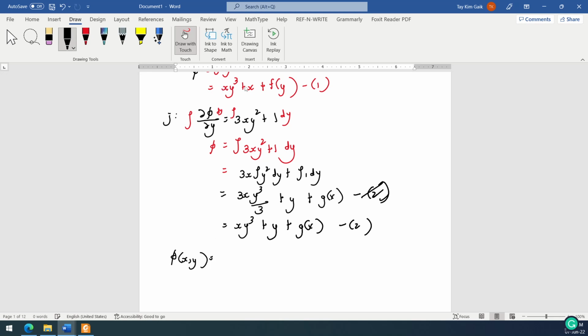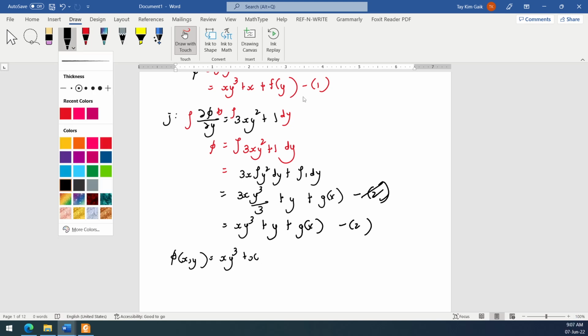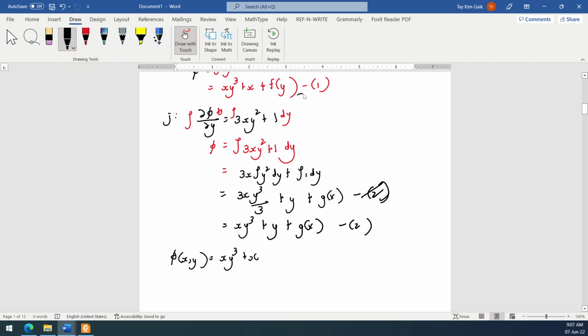Start from equation 1, take out xy cubed plus x, and then plus a function of y, which you refer to the second equation, which is y. So f of y equals y. That's why phi is xy cubed plus x plus y.